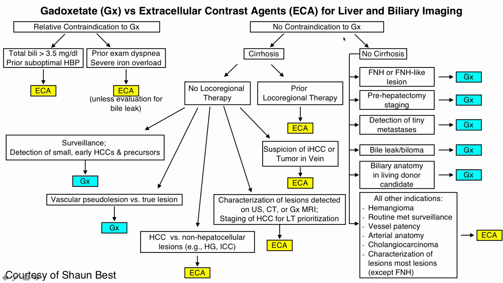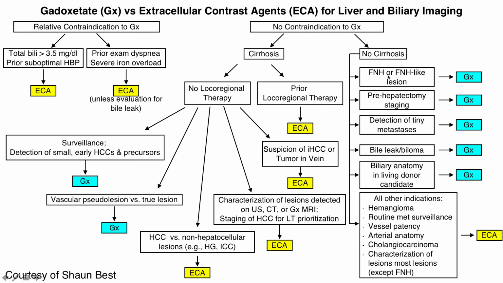What if there are no contraindications? Either the images were good quality last time or you've never done it before, bilirubin's low. What do you do? Well, let's start with the patient with no cirrhosis. So then you give Gadoxetate in 1, 2, 3, 4, 5 circumstances.